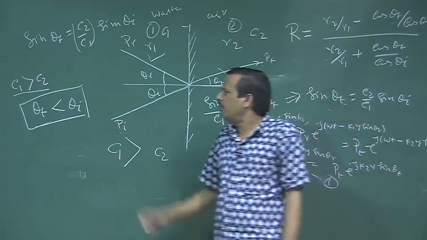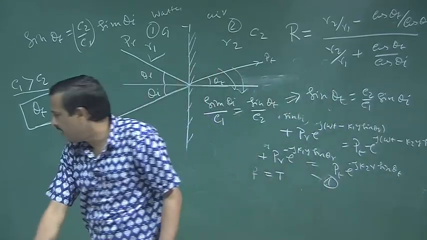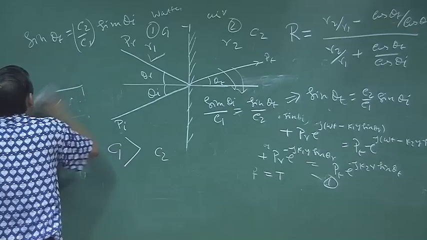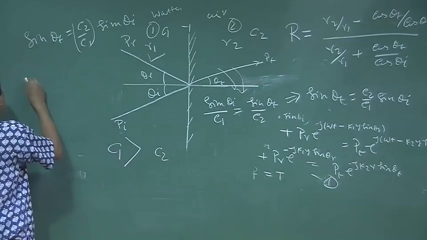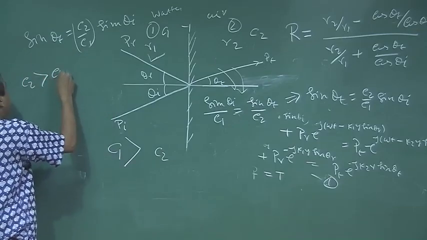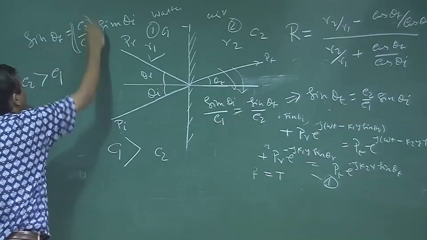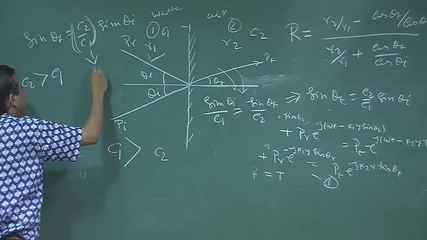Okay. Now, the other case: if C2 is greater than C1, this ratio will always be greater than 1.